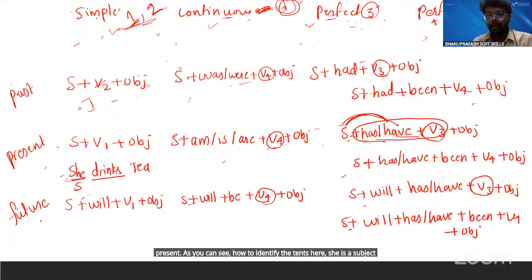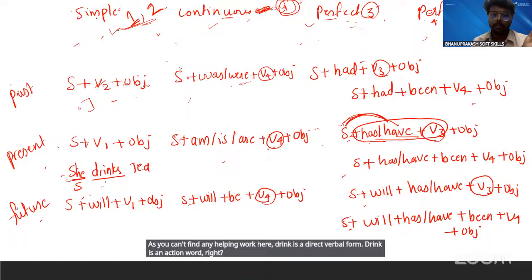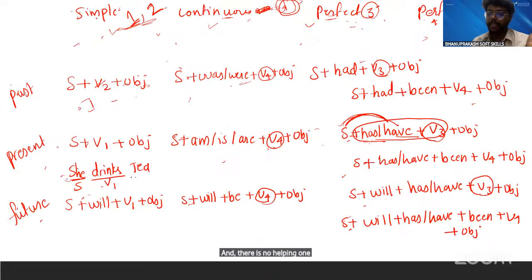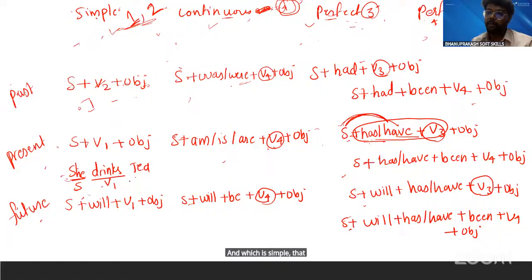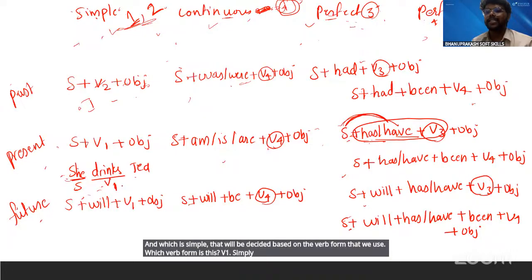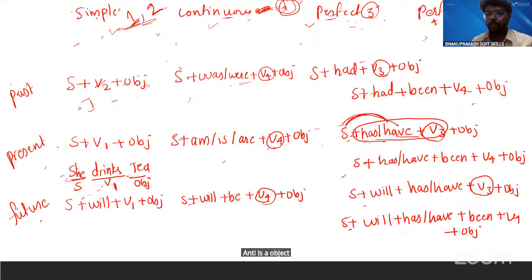As you can't find any helping verb here, drinks is a direct verb form, an action word, the base verb form, which is V1. By seeing that there is no helping verb, we conclude it is a simple tense, and which simple is decided by the verb form we use. It is V1, so it is simple present. Tea is the object. So she drinks tea is a simple present tense.